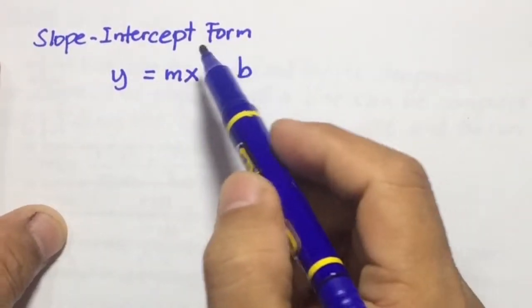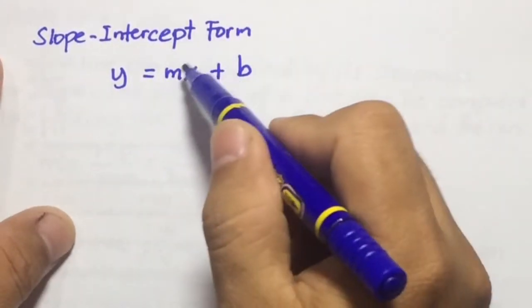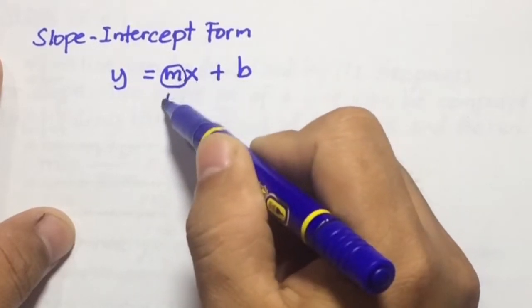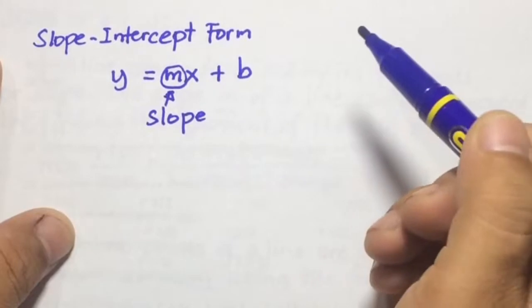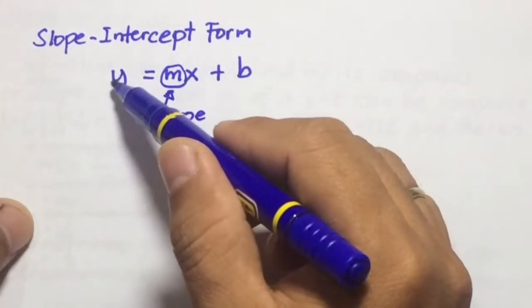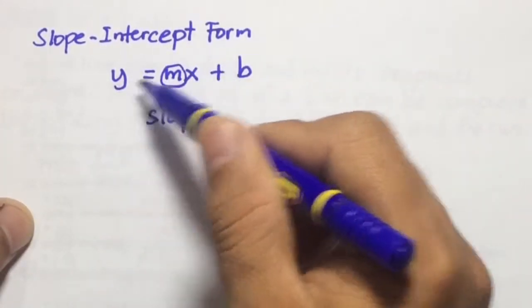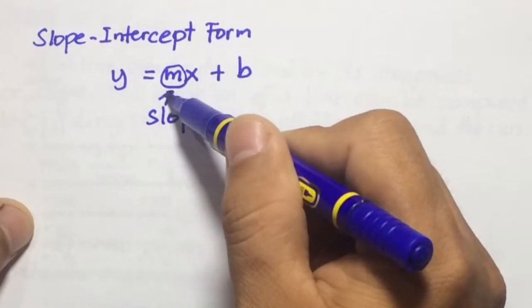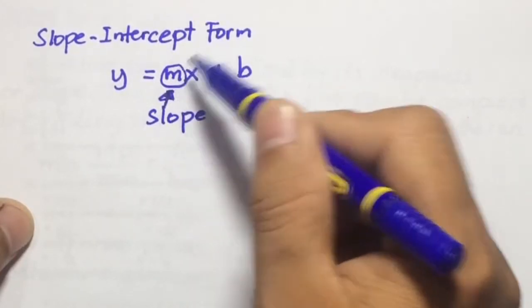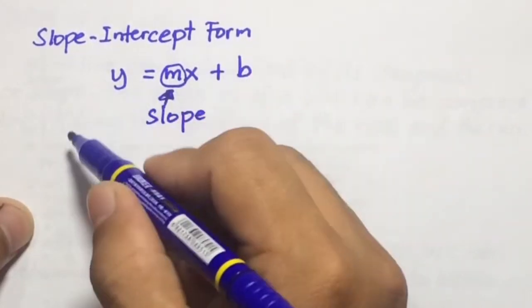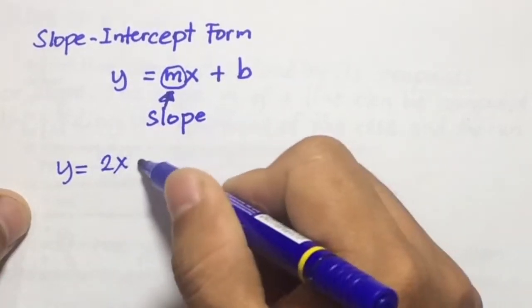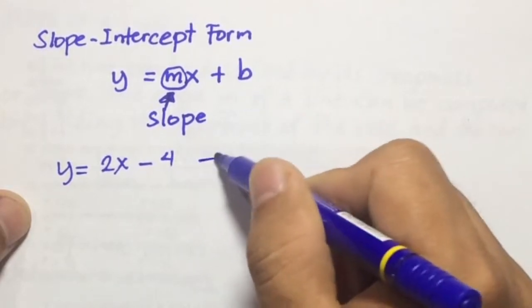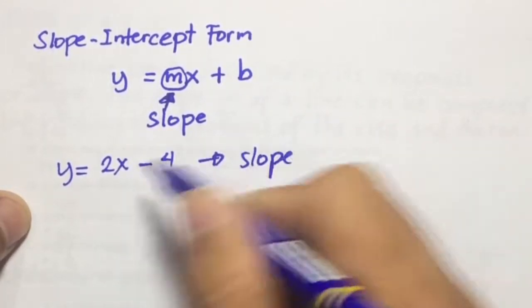In the slope-intercept form y equals mx plus b, m here is the slope. So if you are given a linear equation using this format, you can determine the slope using the value of m. For example, if you have y equals 2x minus 4, then your slope here will be 2.